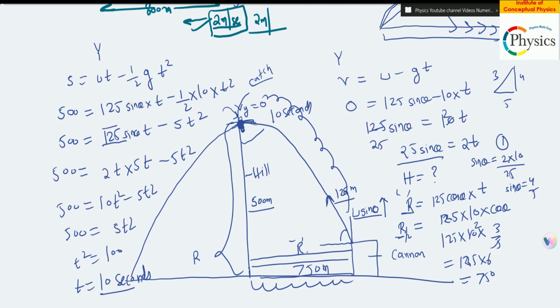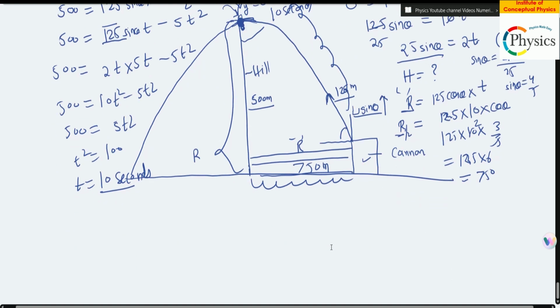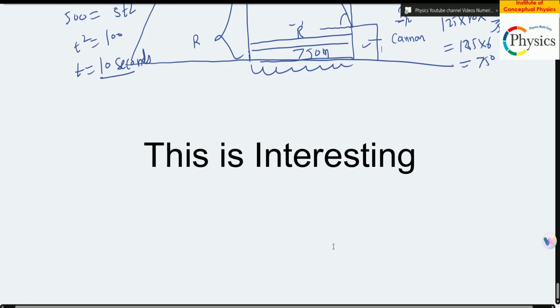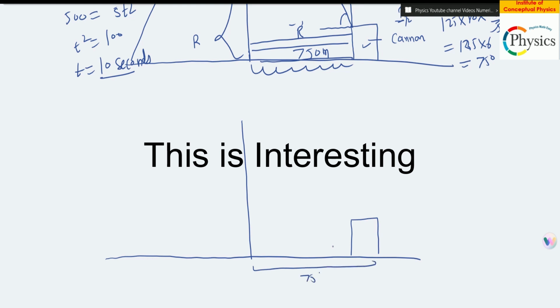But remember, this particular cannon was not at that distance. Let me just redraw this. Now that you've understood that the cannon should be at 750 meters, the cannon actually was at 800 meters.